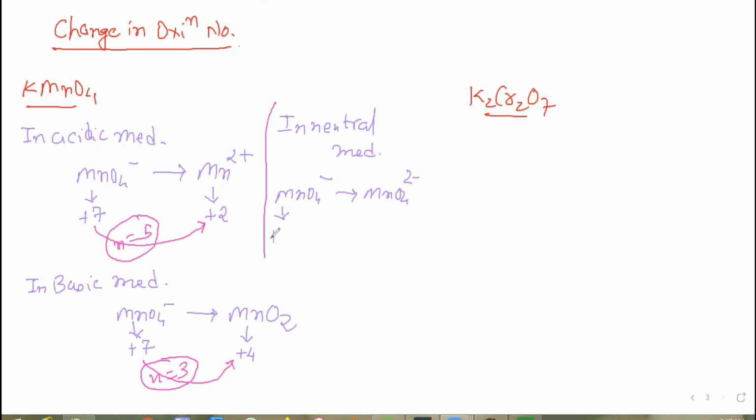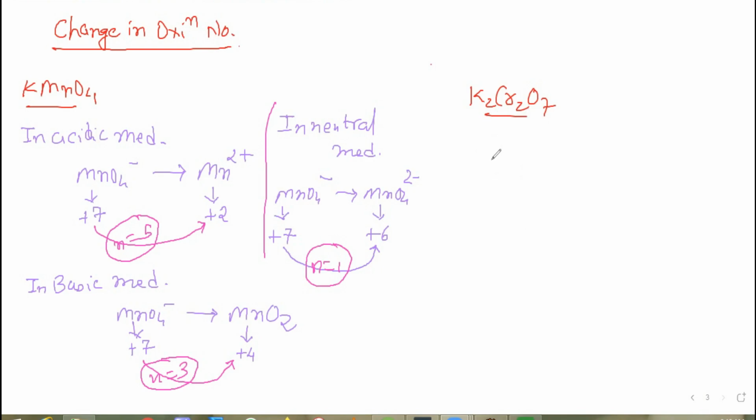Here oxidation number of Mn in MnO4 1 minus will be plus 7. Here will be plus 6. So there is a change in oxidation number of 1. So the N factor will be 1. So you have to remember this N factor.